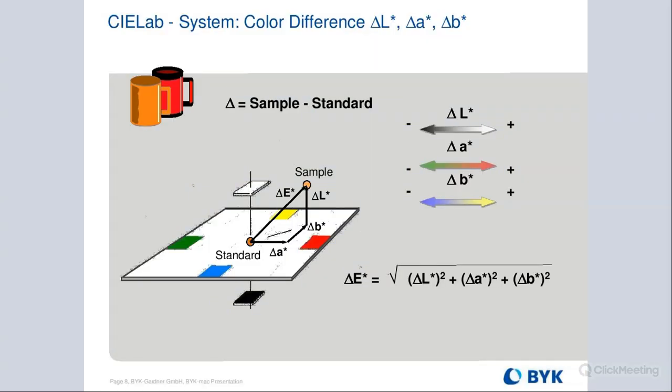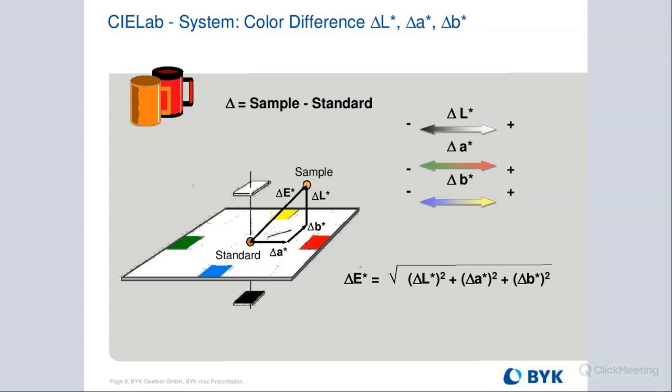With the LAB system and this new color scale, we're able to identify differences between a sample and a standard, which is commonly referred to as our delta E. Essentially, this is the equation: our delta E star is the square root of the difference in L squared plus the difference in A squared plus the difference in B squared.